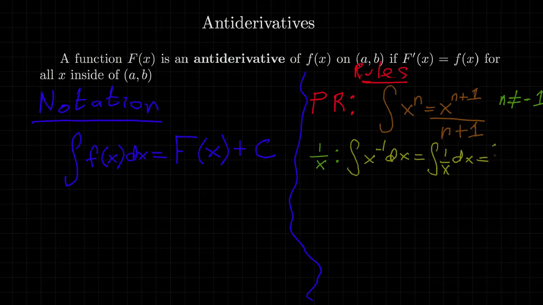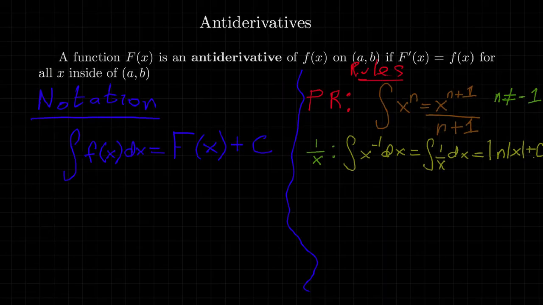Well, we know that to be the natural log of x. Now, I want to write down natural log of the absolute value of x, and then I'll explain later where this comes from. So plus c. Okay. So far so good. Let me put a little line through these guys. Okay. All right. So far we've got those two rules.